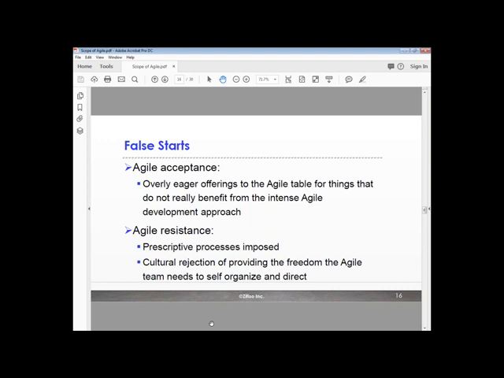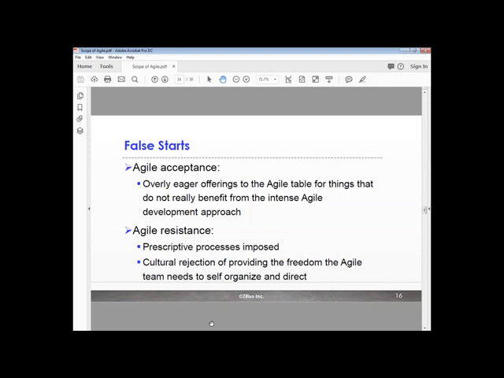They haven't changed the way they work. They say we're Agile, but we're not seeing the results because we're not actually behaving Agile. Now, enterprise architecture specifically, but definitely any level of architecture, is really meant to mitigate these things, to see these false starts and to correct them, to provide the system and to help champion the Agile teams.